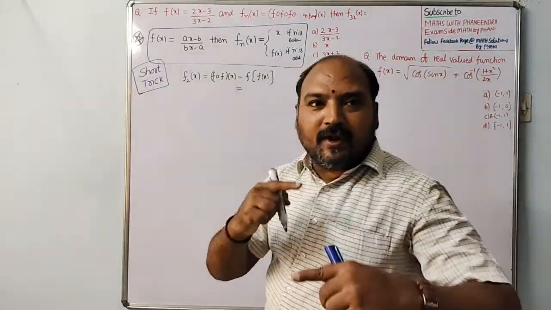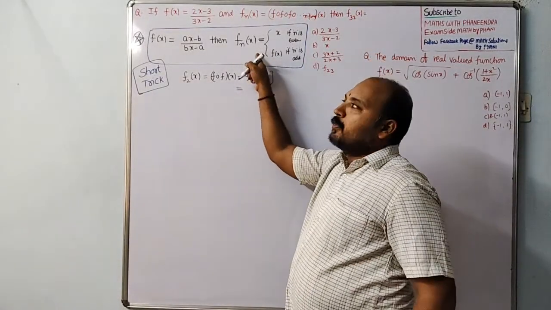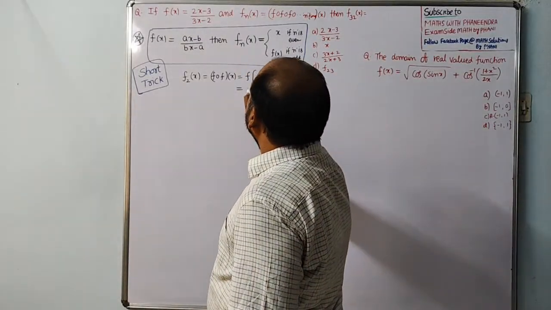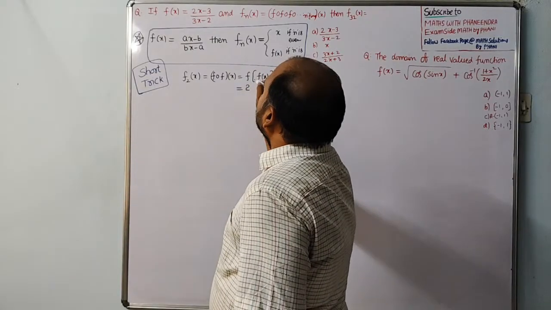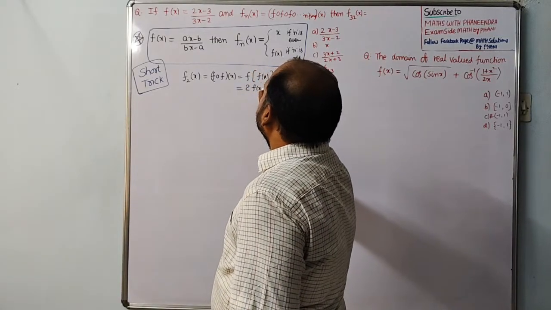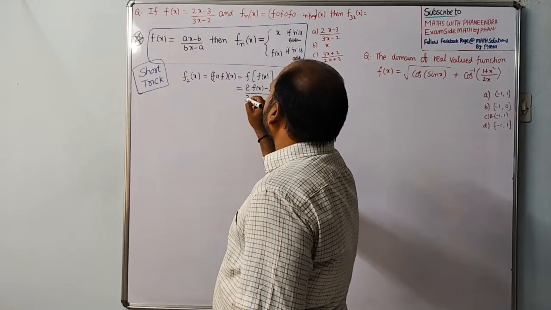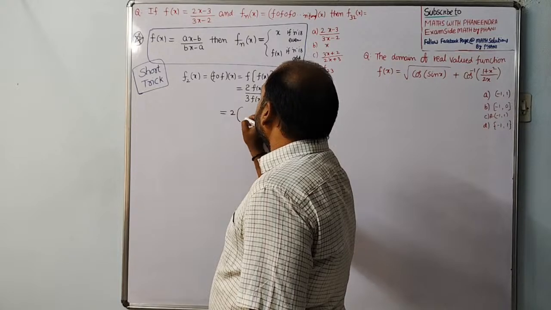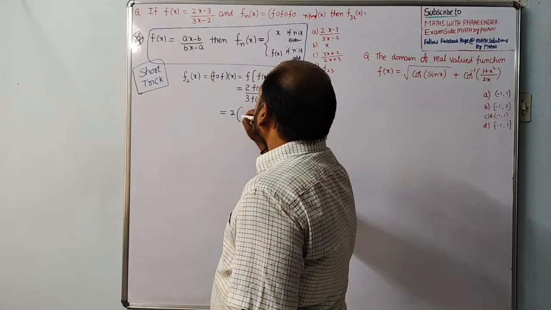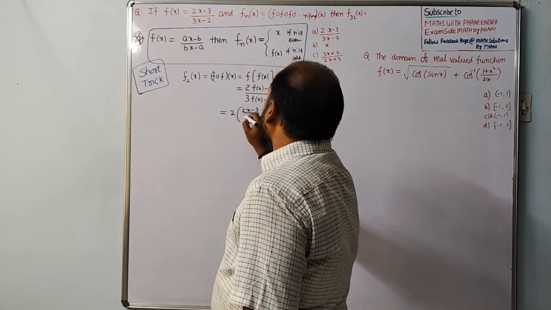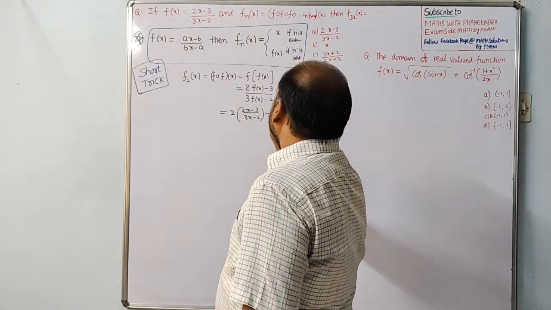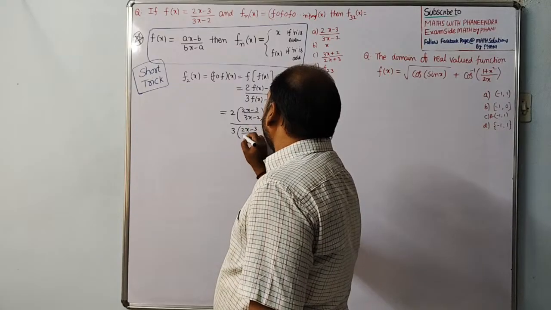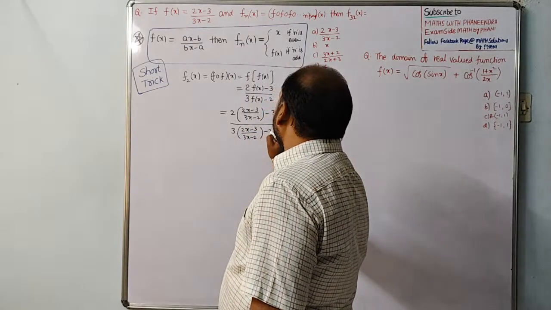In the examination, because of the time factor, you can proceed this way, but for your understanding purpose, I am explaining, dear students. So 2 into f of x minus 3 divided by 3 into f of x minus 2, that is equal to 2 times (2x minus 3 by 3x minus 2) minus 3, by 3 times (2x minus 3 by 3x minus 2) minus 2.